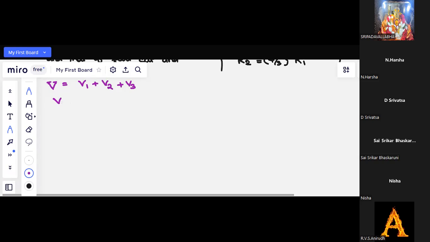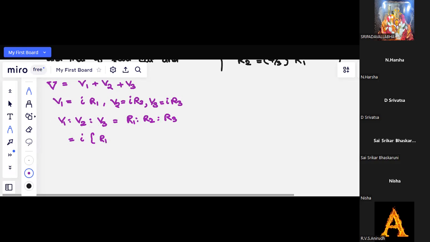Whereas V1 equals I1 into R1, and since I is constant, we write the same I. V2 equals I into R2, V3 equals I into R3. So the ratio V1 is to V2 is to V3: I cancels in all three, so you get the ratio R1 is to R2 is to R3. And in total, we write I times R1 plus R2 plus R3.